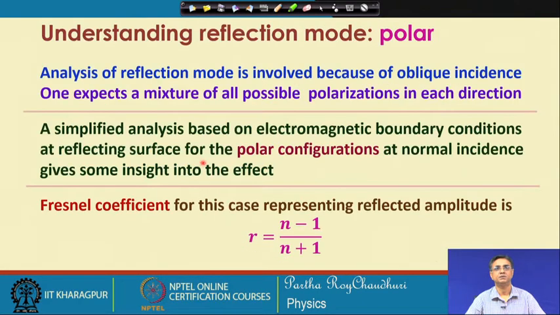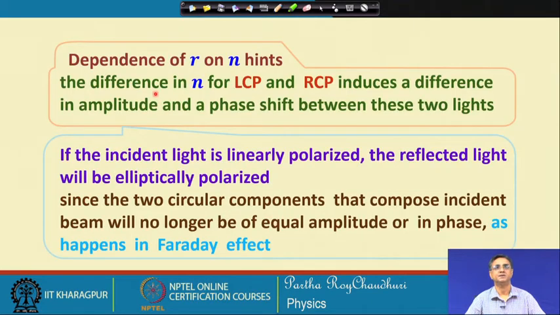In that case, because of reflection, the Fresnel coefficients for normal incidence, the reflected amplitude will contain the refractive index term, and this gives the hint of the dependence of the reflectivity R on n.